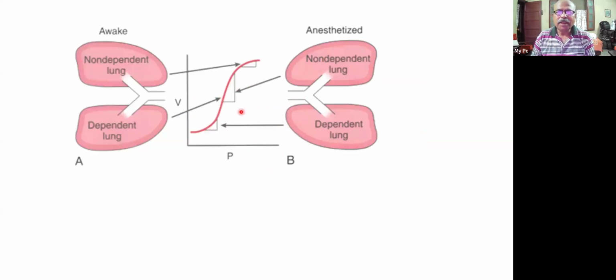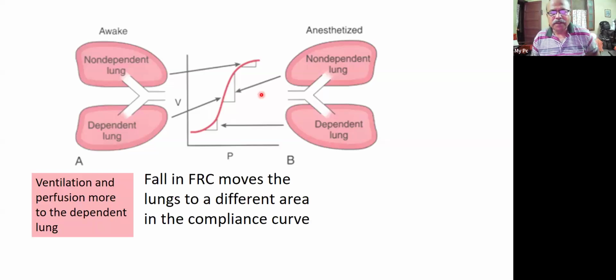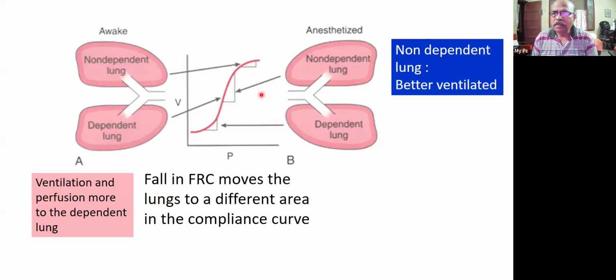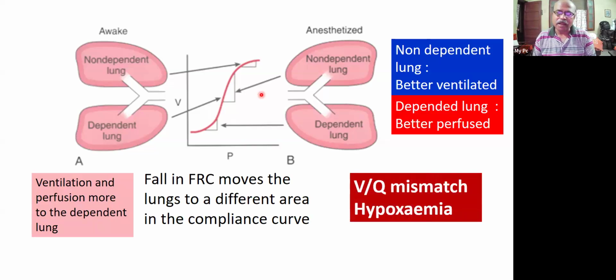So what is happening? Again, VQ mismatch. Perfusion is more to the dependent lung. The fall in FRC moves the lungs to a different area in the compliance curve. The non-dependent lung is better ventilated, and the dependent lung gets better perfused. The result is a VQ mismatch and hypoxemia.